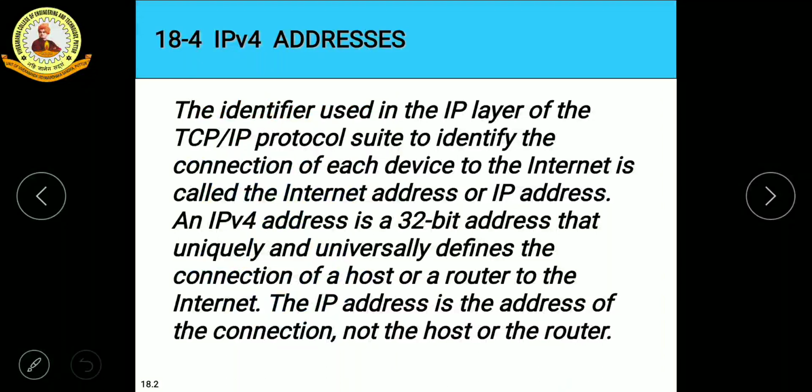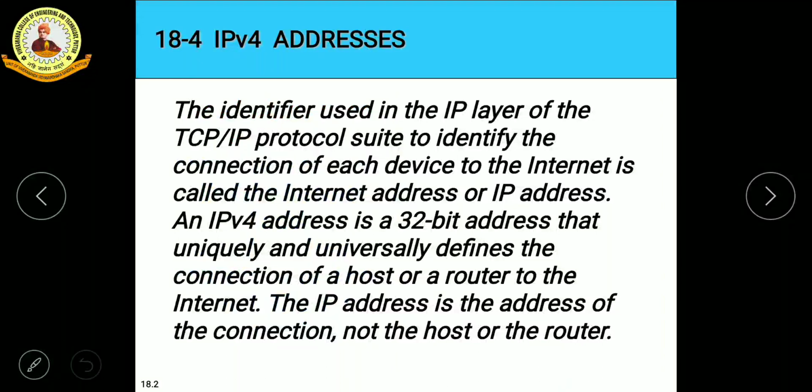So what are IP addresses first? IP addresses are known as identifiers. IP addresses are the identifiers used in the IP layer. You have seen many types of addresses in the TCP/IP protocol suite. In the physical layer, we had some identifiers. In the data link layer, we used link layer addresses, which we discussed in the last video.